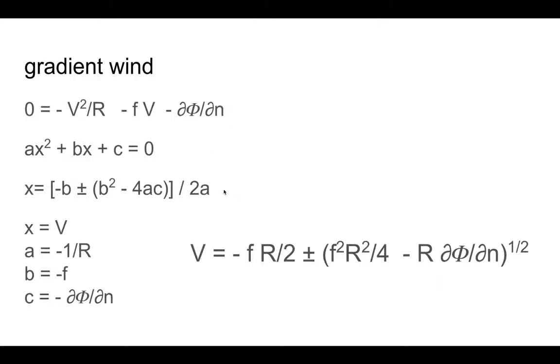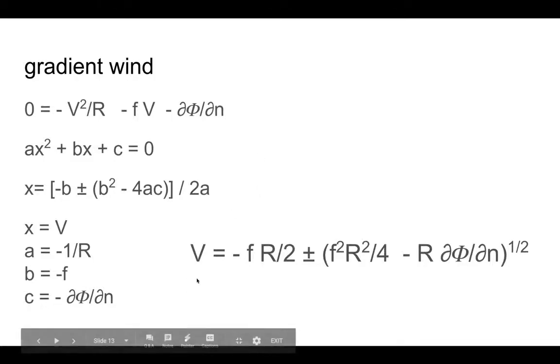So the quadratic formula to solve for x hopefully is familiar. Minus b plus or minus the square root of b squared minus 4ac. I forgot to put the square root in there. Over 2a. So in our case, the variable we're interested in solving is v. And then the a term is minus 1 over r. The b term is minus f. And the c term is minus d phi dn.